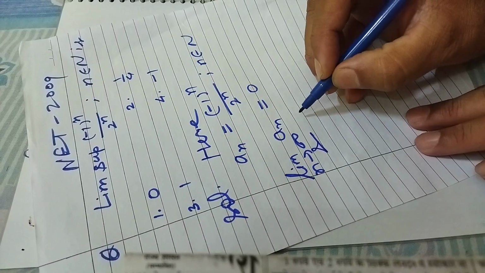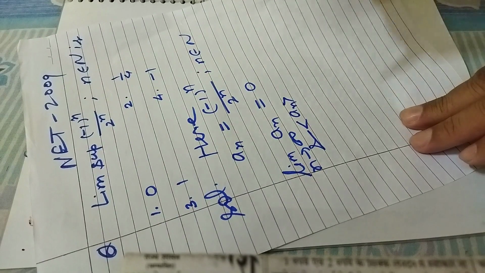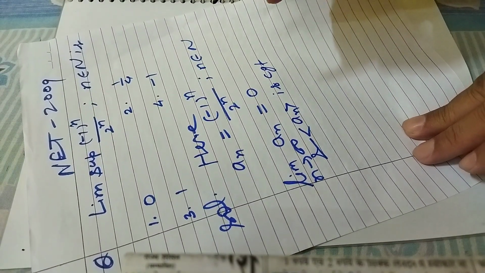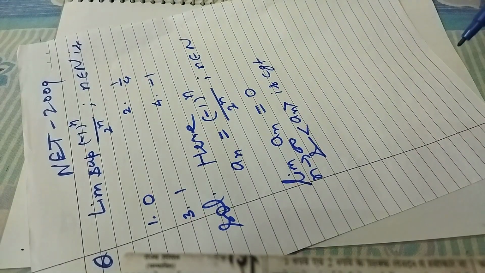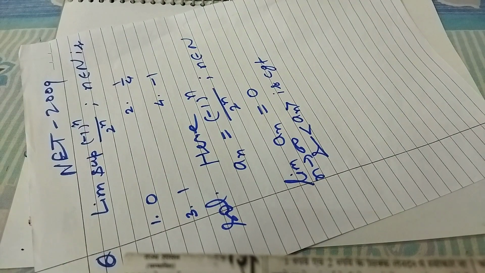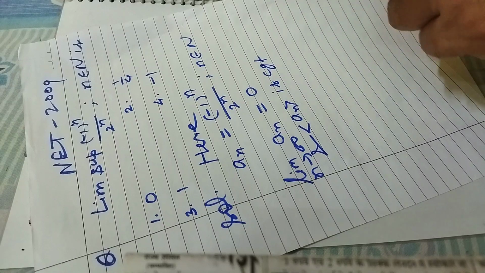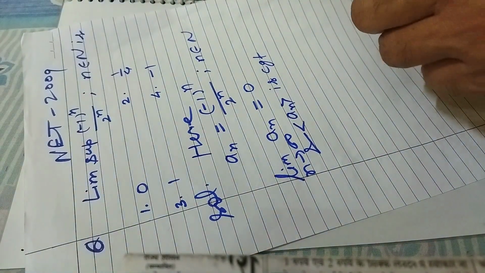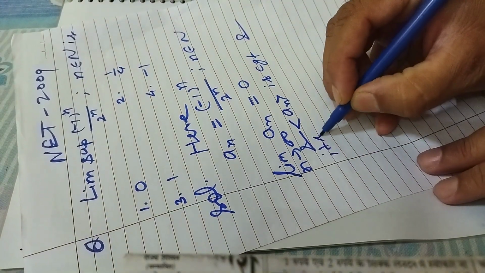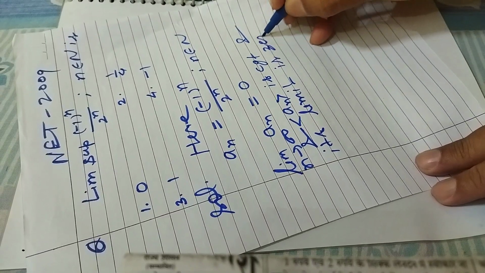The sequence a_n is convergent. This is the convergent sequence, and its limit is equal to 0.